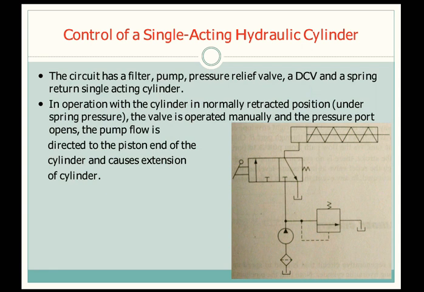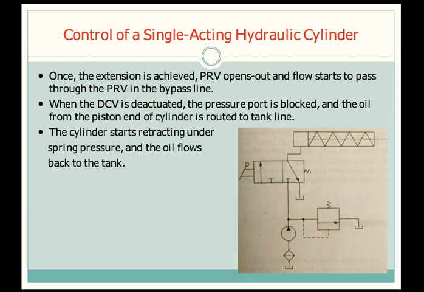The excess oil pressure which is present moves from the pressure relief valve to the sump. Once the extension of the piston is achieved, the pressure relief valve opens and flow starts to pass through the pressure relief valve in the bypass line. As you can see at the bottom, there is a bypass line with the pressure relief valve.